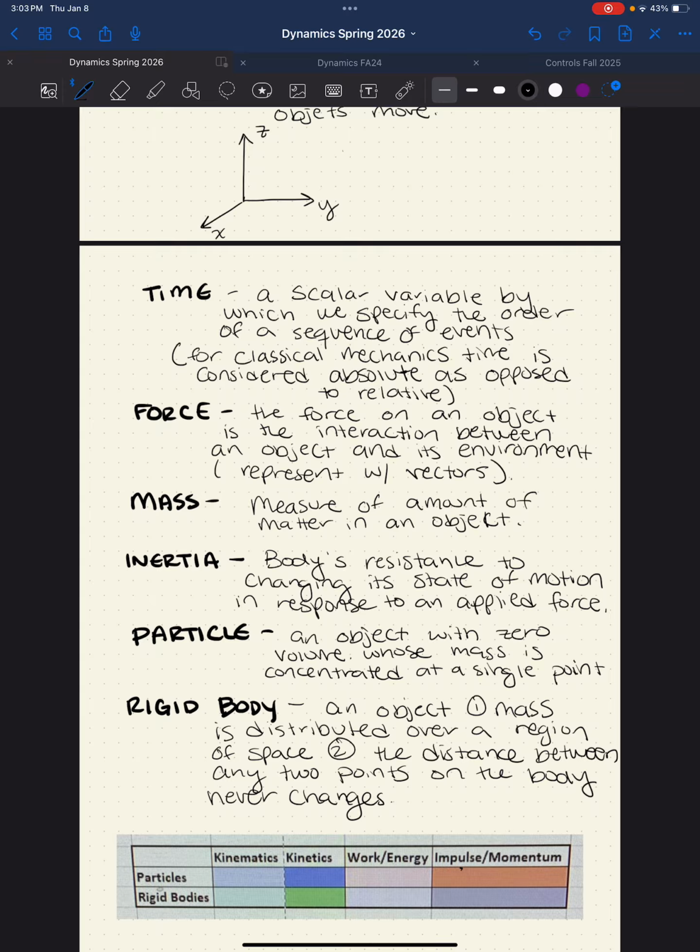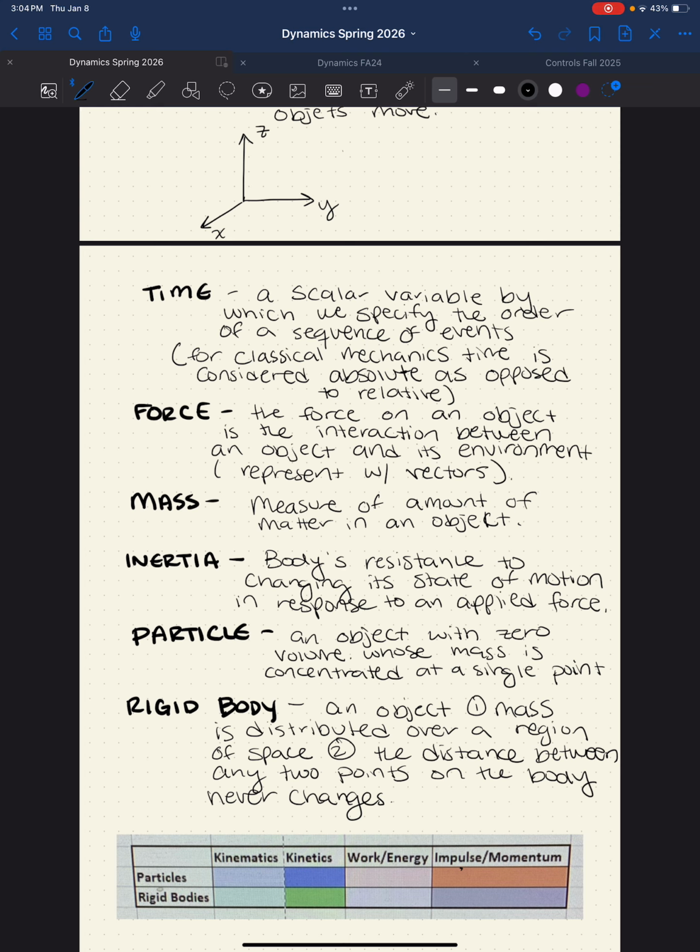So those are later classes. Let's see. I talked about an example of a deformable body that would violate this condition. So I talked about Play-Doh, and I said if I make a ball out of Play-Doh and I choose 2 points on that ball of Play-Doh, if I were to then take that Play-Doh and chuck it at a wall and it hits the wall, it's probably going to squish so that those 2 points come closer together.